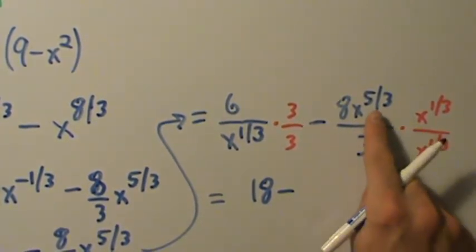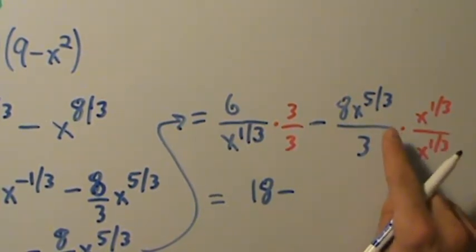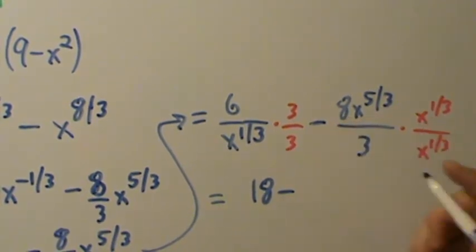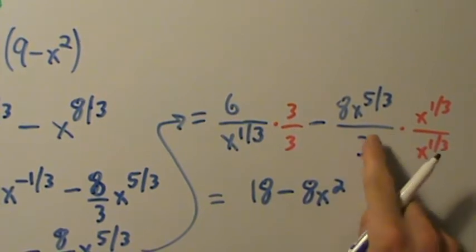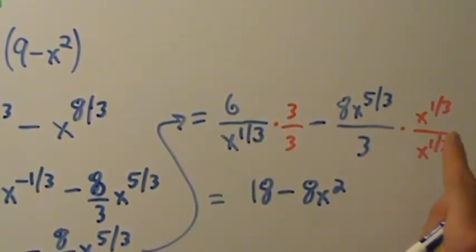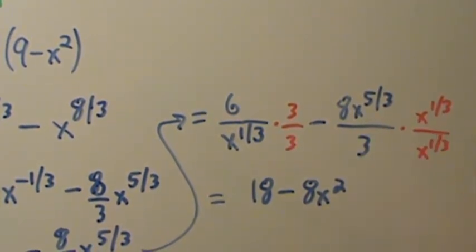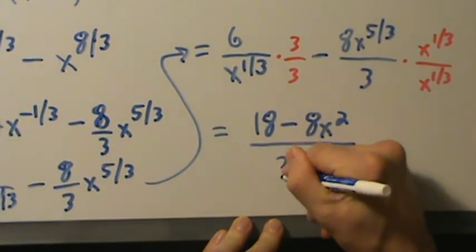So actually 5/3 plus 1/3, that's 6 over 3, which is 2. So this becomes 8 times x to the 2, or 8x squared. Remember, if you multiply things like this with the same base, you just add the exponents. So x to the 5/3 times x to the 1/3, that's x to the 6/3, which is x squared. So 18 minus 8x squared, all being divided by 3x to the 1/3.